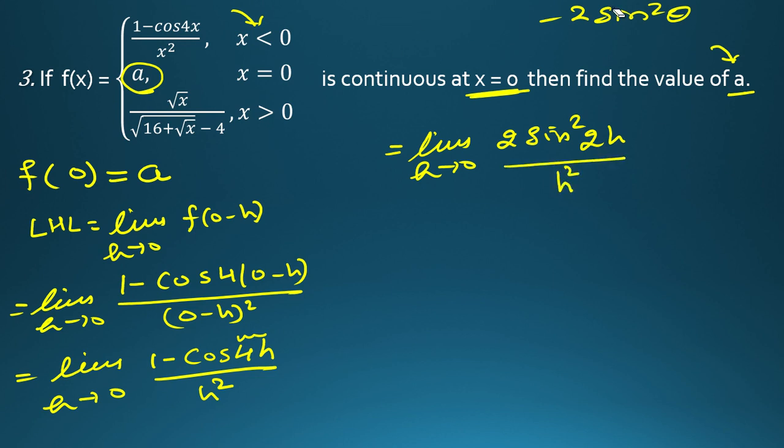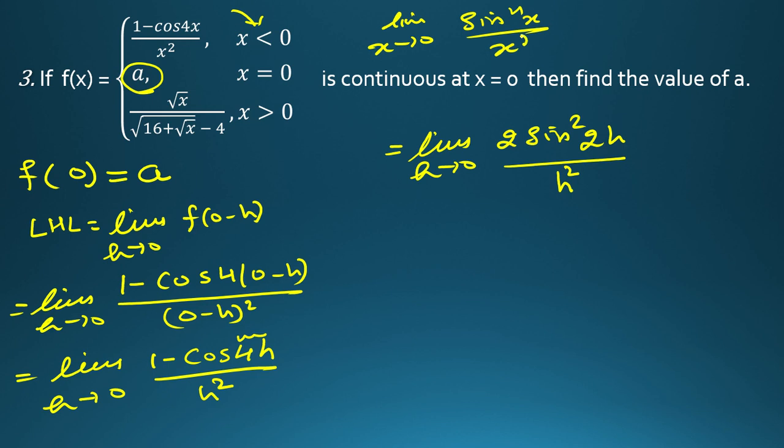Okay. Now if you remember one formula of limit, what was that formula for sin? One was sin x upon x is equal to 1 when x tends to 0. Its general formula is limit x tends to 0 of sin to the power n x divided by x to the power n is 1. It means whatever power of sin is in the numerator, the same power of the angle x should be in the denominator.